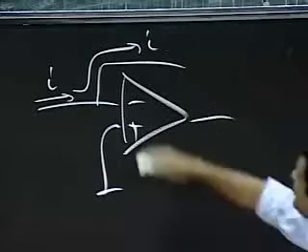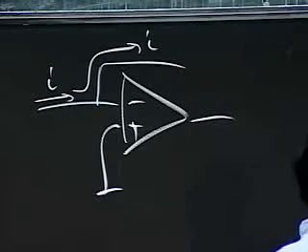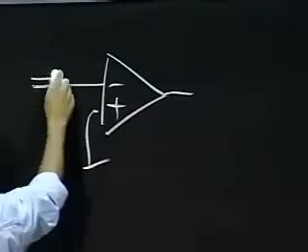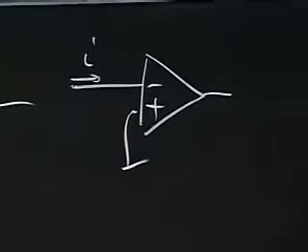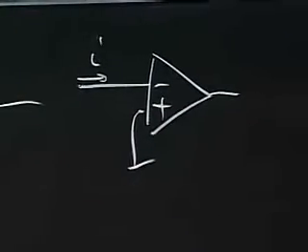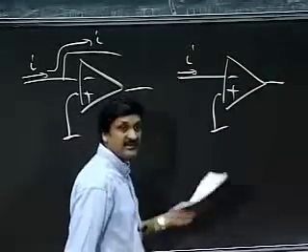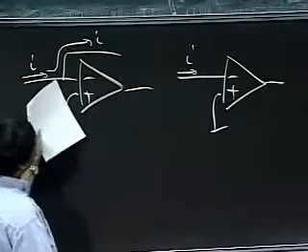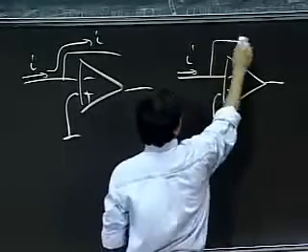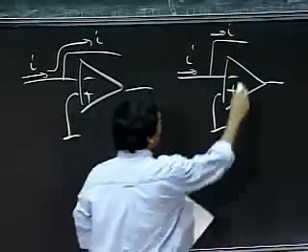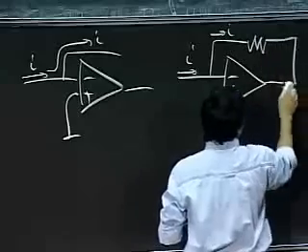So given this trick, suppose I did this. Remember, my goal here is to convert a current to a voltage. I have a current I coming in here, and I can turn that into a voltage because I know this current must come out here. So all I have to do is stick a resistor in there.